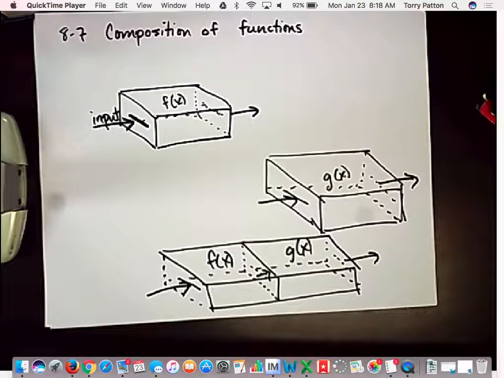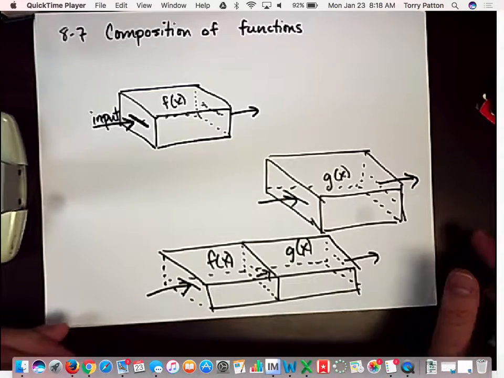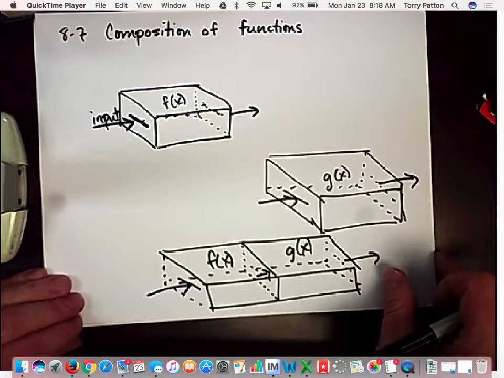You take the output of that function and make it an input into the next function. And if there were a third one, you would take the output there and put it in to the next one and get a final output, okay? So visually, that's kind of what's going on, okay?